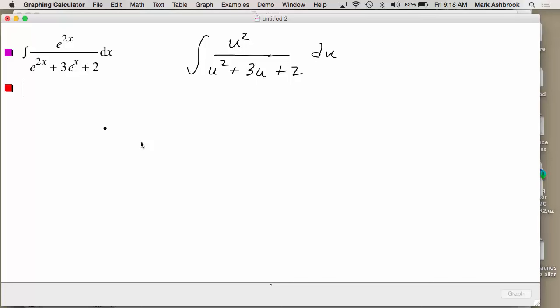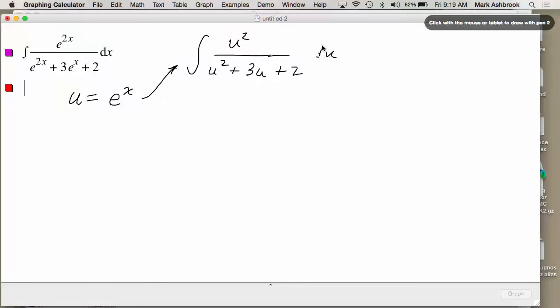If I let u equal e to the x, then I get this. Well, actually, not quite. We've got this du we have to take care of. As we saw in the first week, dx is not just a signal that we're doing an integral. dx is part of the math.